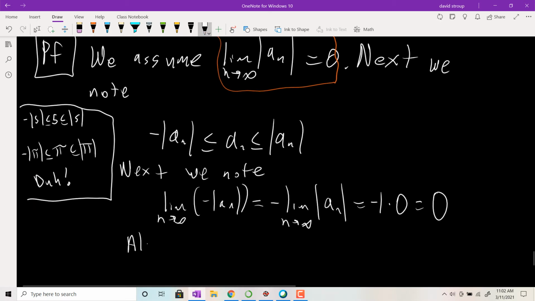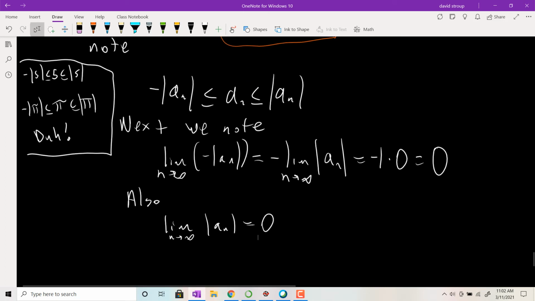Also then, the limit as n goes to infinity of the absolute value of a sub n is equal to 0. And again, that's from the given information.